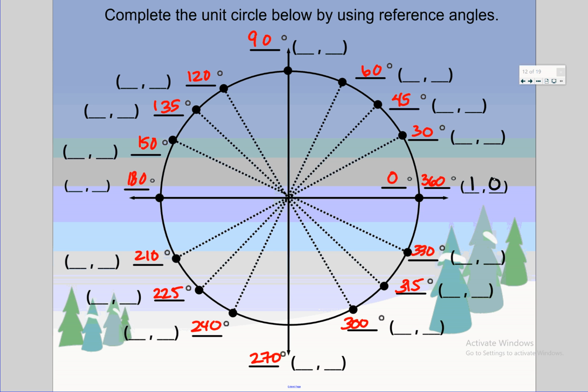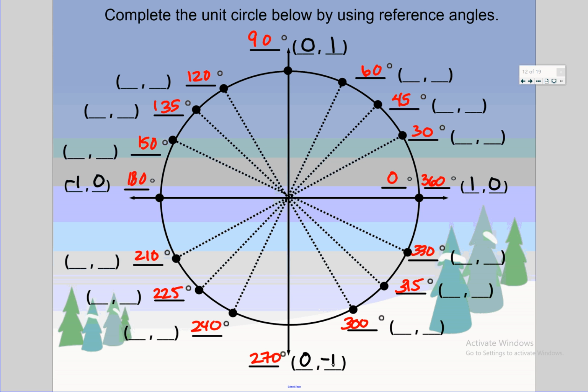So from the origin, I go 1 unit up, 0, 1. If you're at 180, that means you've gone 1 unit to the left. What coordinate is that? -1, 0. And then 270, I go 1 unit down from 0, 0, and that takes me to 0, -1. Good?